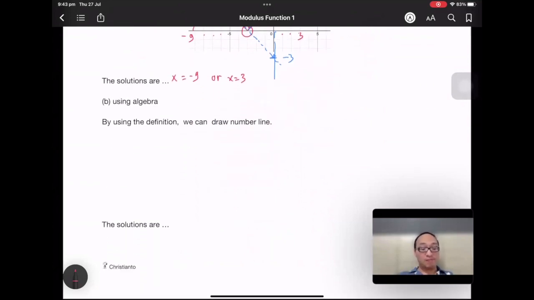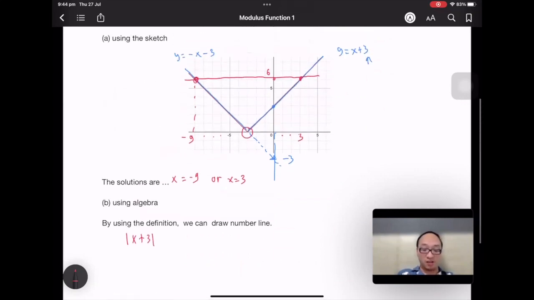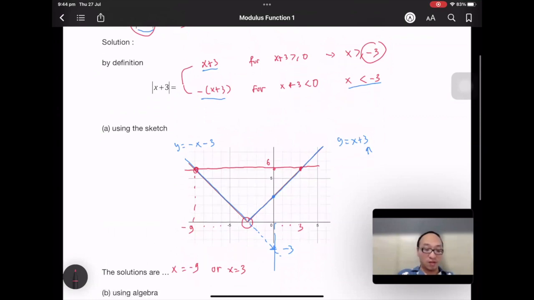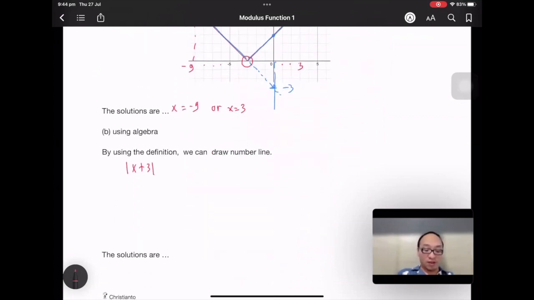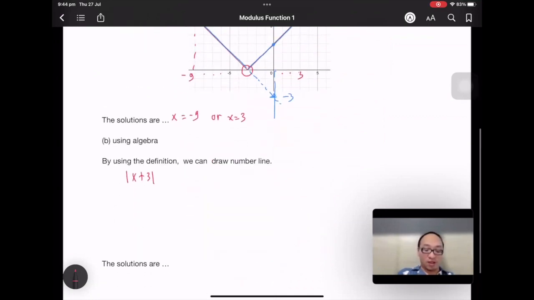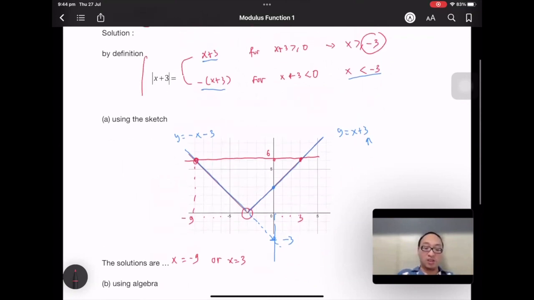Now, if we use the algebra, we can use the definition. For the modulus function of x plus 3, again, we can use this definition.